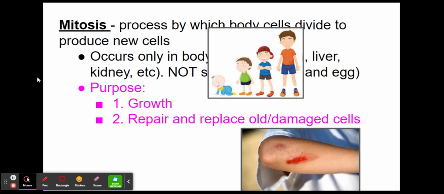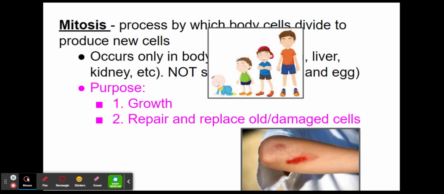The other thing we need them for is to repair and replace old or damaged cells. When you fall down and you get a scrape, what happens? You bleed for a little bit. Then you get a scab. But eventually that scab falls off and you have new skin underneath. Well, where do those new skin cells come from?